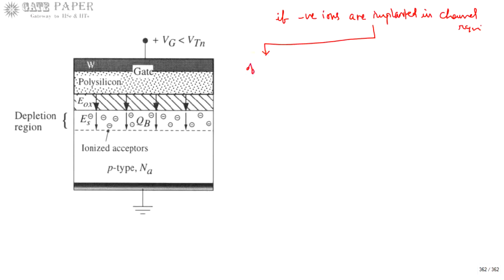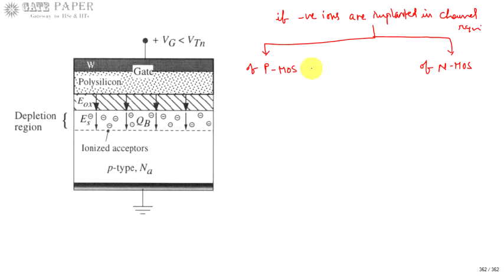For example, if negative ions are implanted in the channel region of P type, that is of PMOS, and if it is of NMOS, what happens?